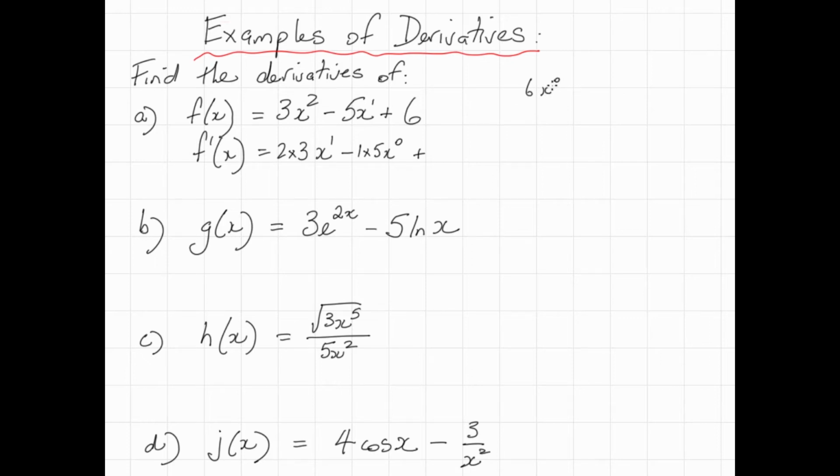Don't forget that power only applies to the x, and anything raised to the power of 0 is equal to 1. So the number 6 is like 6x to the 0. So the power comes down, so it'll be 0 times 6x to the 0 minus 1, which is negative 1.